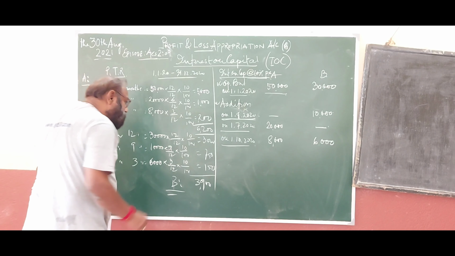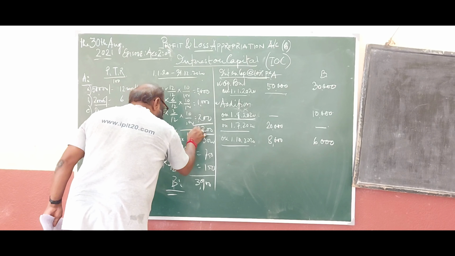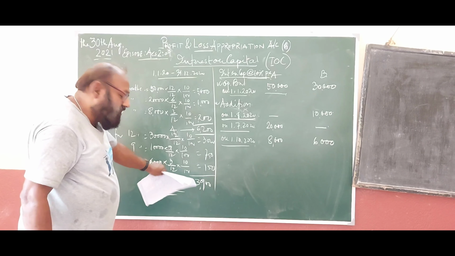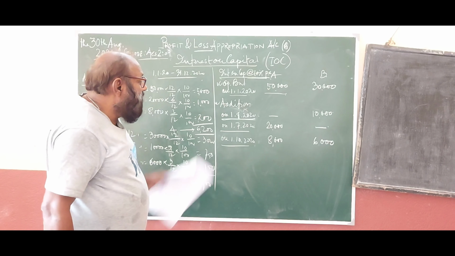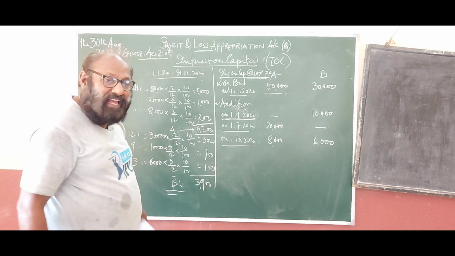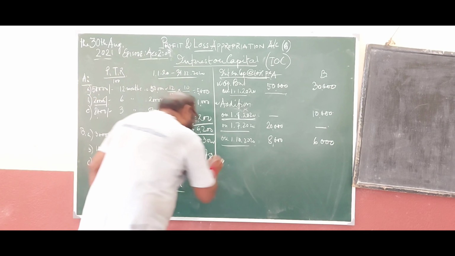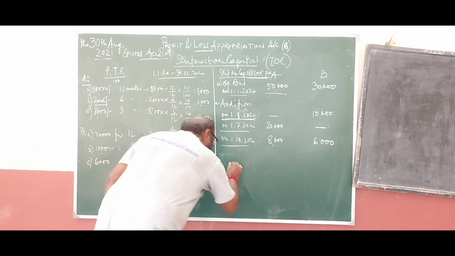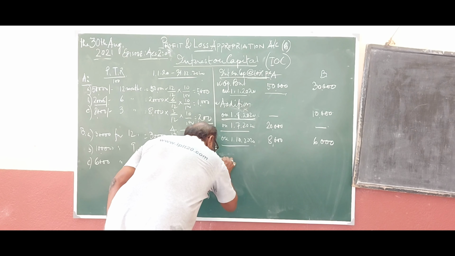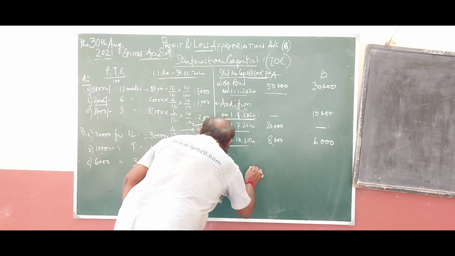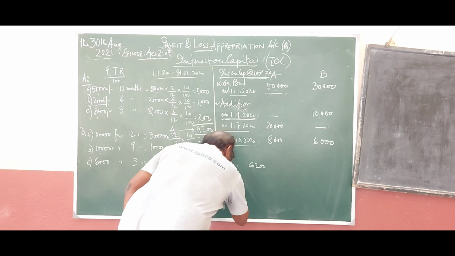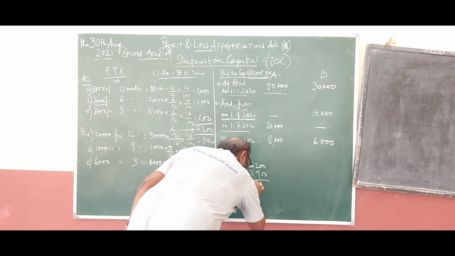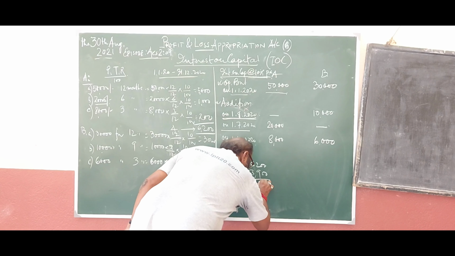So A will be entitled to an interest amounting to rupees 6,200, and B will be entitled to an interest of rupees 3,900. So this is the actual calculation. Regarding interest on capital, A 6,200, B 3,900, so how much will go? 10,100.